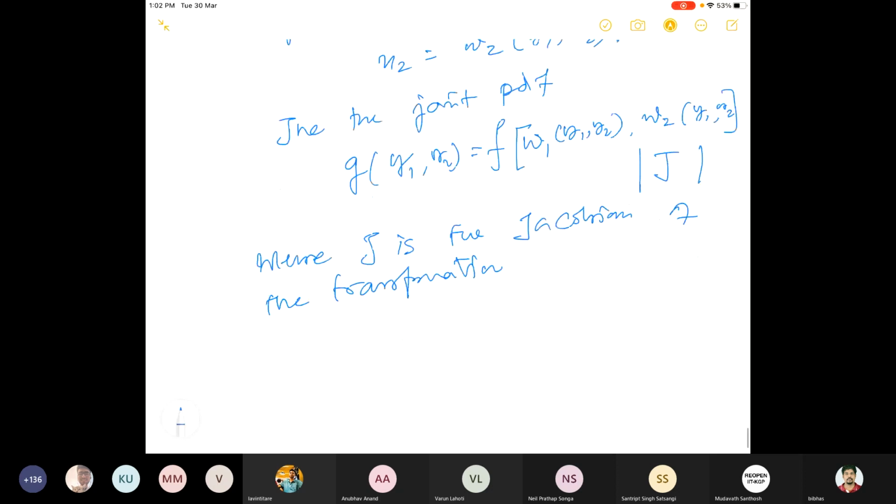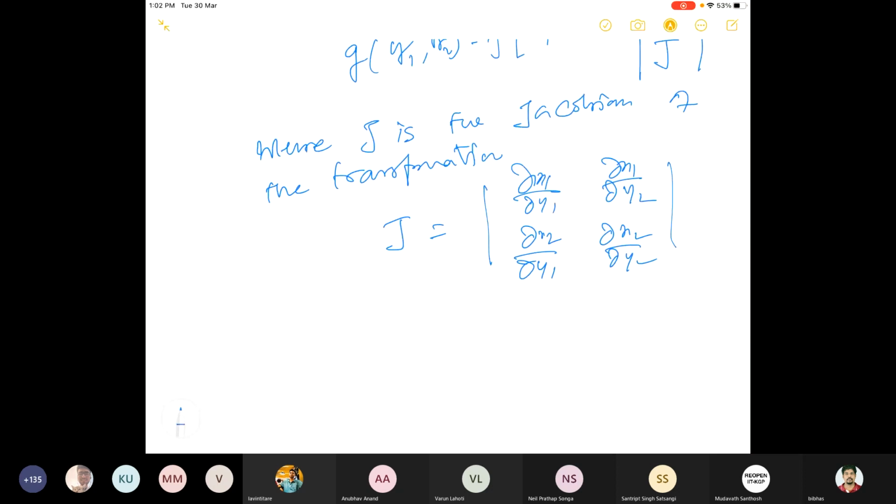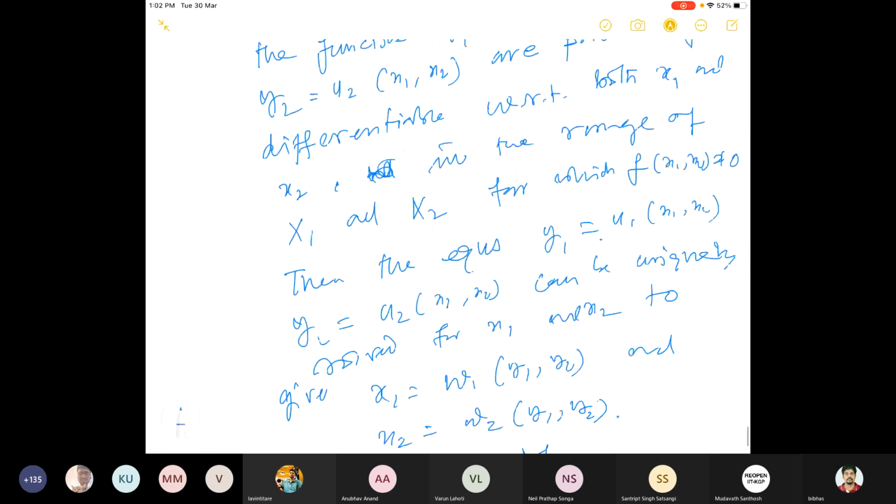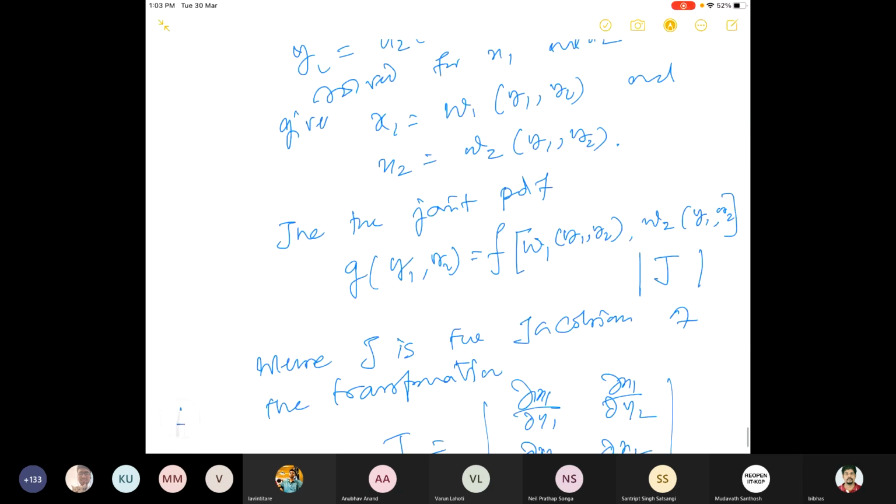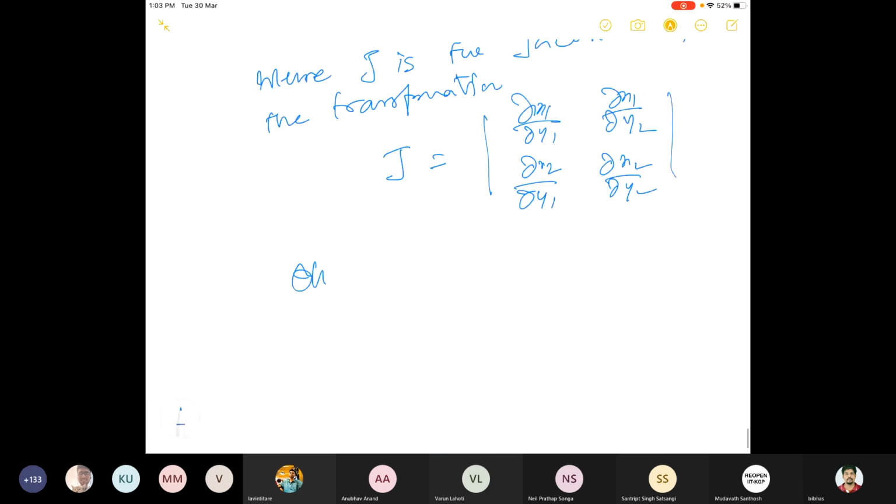Mod means the determinant. Here the Jacobian is just the determinant of del x1 del y1, del x1 del y2, del x2 del y1, del x2 del y2, and elsewhere, where f of x1, x2 is equal to 0, g of y1, y2 is equal to 0.